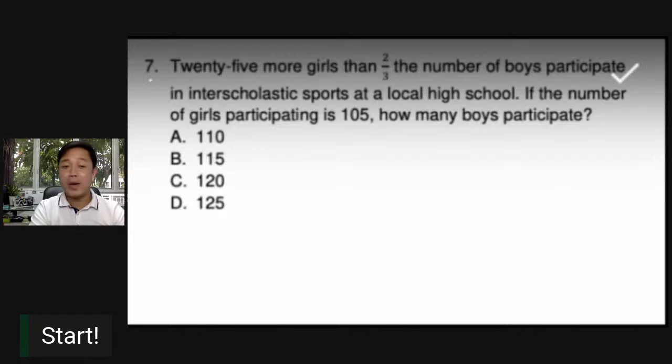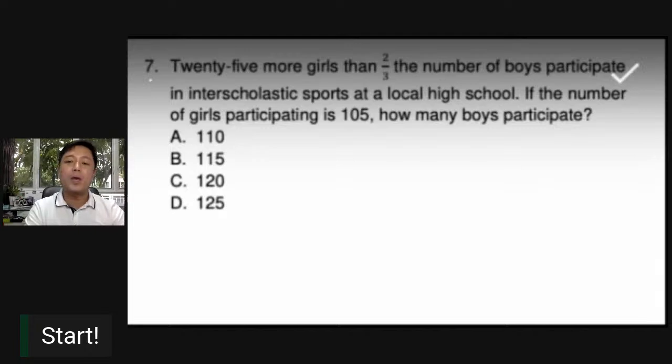All right, so now I think it's time for me to go over this question. The question is how many boys participate? There are 25 more girls than 2/3 the number of boys who participate in interscholastic sports at a local high school. If the number of girls participating is 105, how many boys participate? So for this problem, I will represent X as the number of boys who participated.